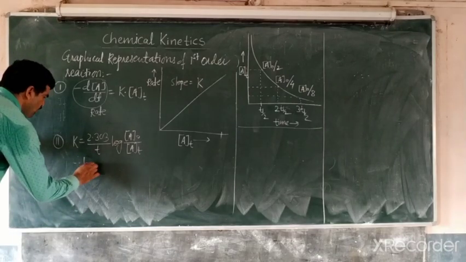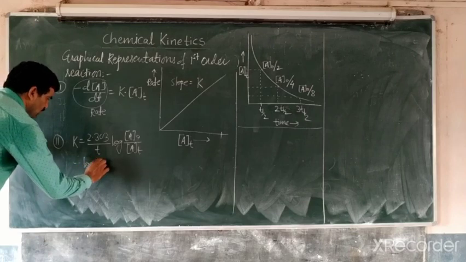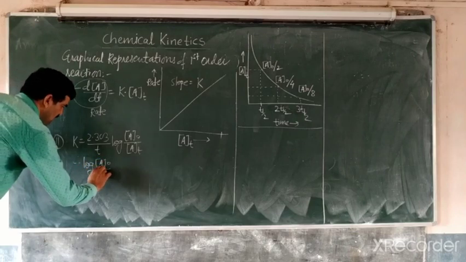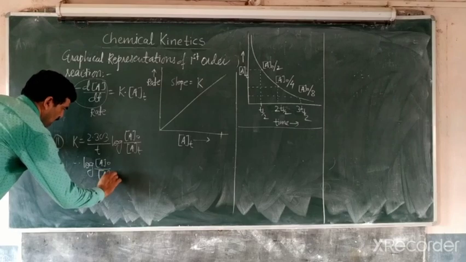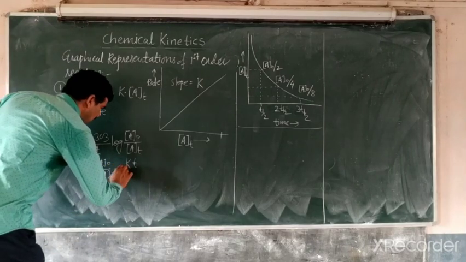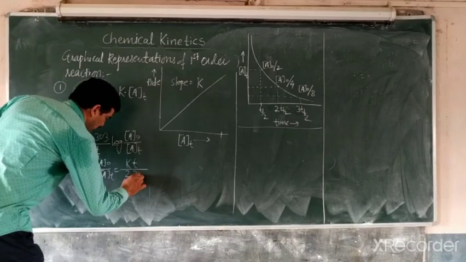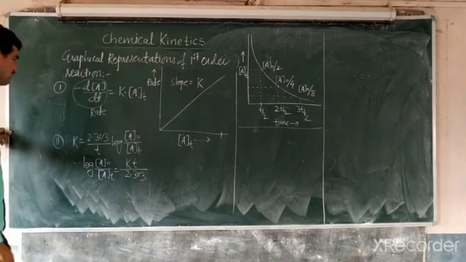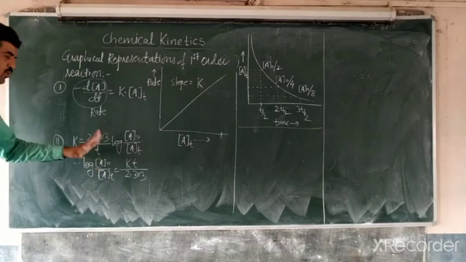Therefore here log of A0 by At equal to kt by 2.303.